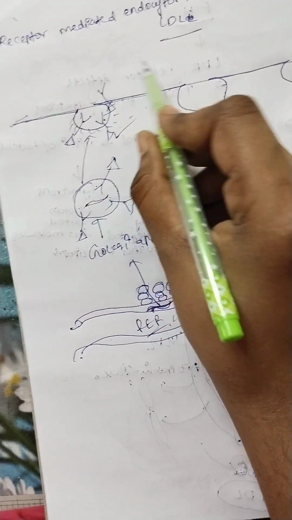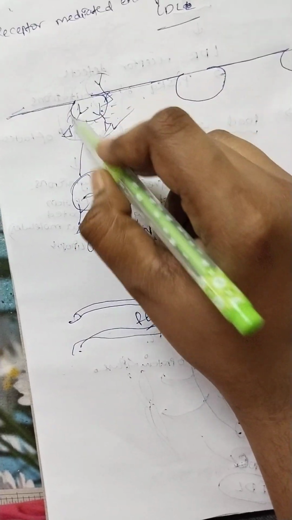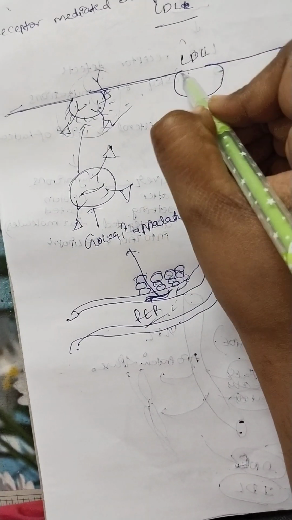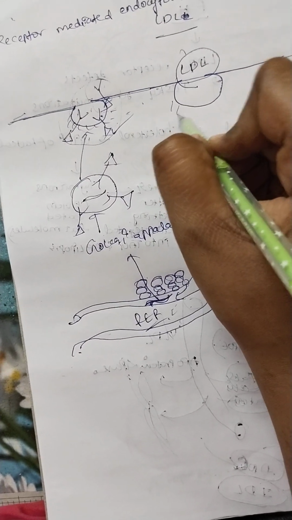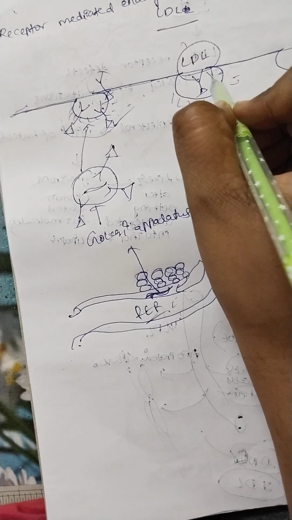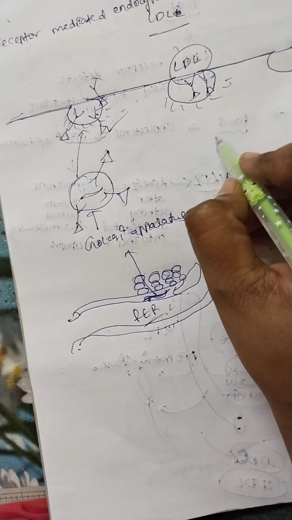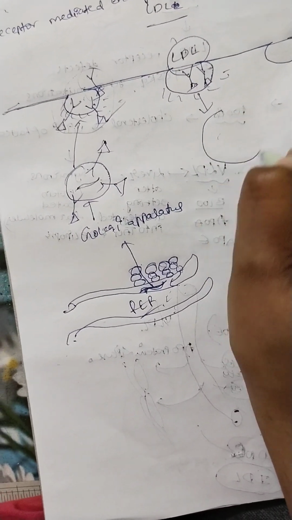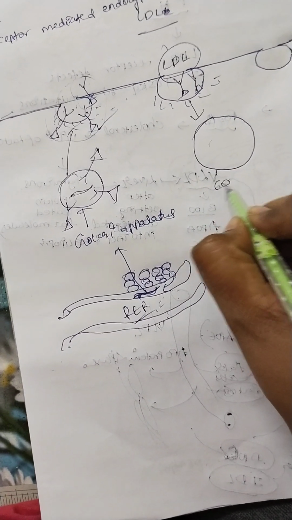So then what will happen? Our LDL will enter here. LDL receptors will recognize it. After this, the cell membrane along with the LDL gets pinched off and forms coated pits.